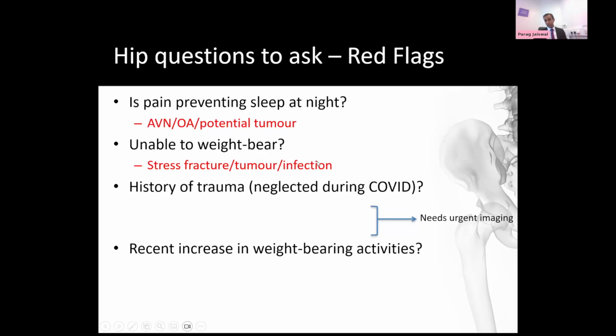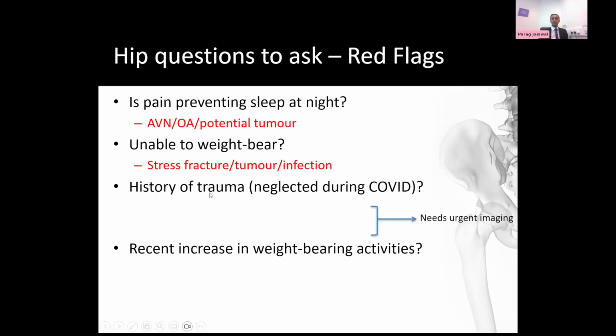Now, with infection, there will always be some additional symptoms, such as general malaise, feeling unwell, sometimes a temperature. The hip joint's a deep structure, so you won't see any redness or swelling, but you certainly will in the knee.